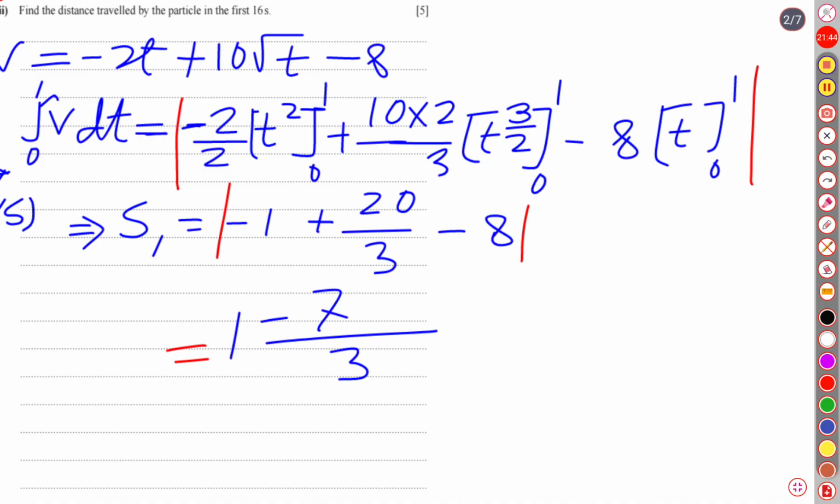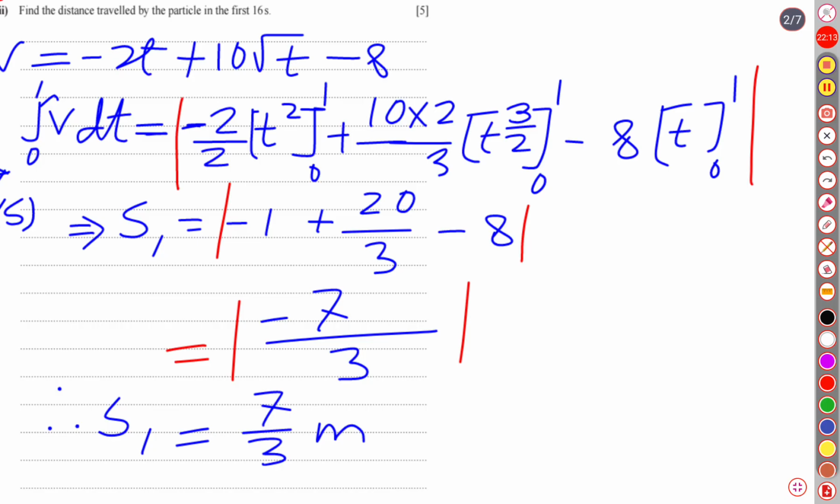Modulus of this, let me write it with a different ink, red ink. Hence S1, the displacement in the first 1 second, is actually 7 over 3 meters. This is the first part of the displacement.